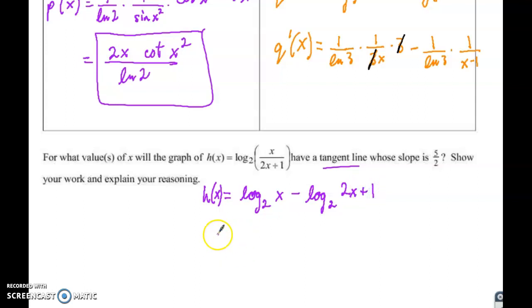Because if you have these shortcuts, you might as well use them. And I hope that makes sense. So then when you do the derivative, we're looking at 1 over natural log of 2 times 1 over x. And you don't have to do the chain rule because the derivative of x is just 1. Natural log of 2 times 1 over 2x plus 1, but then times 2.